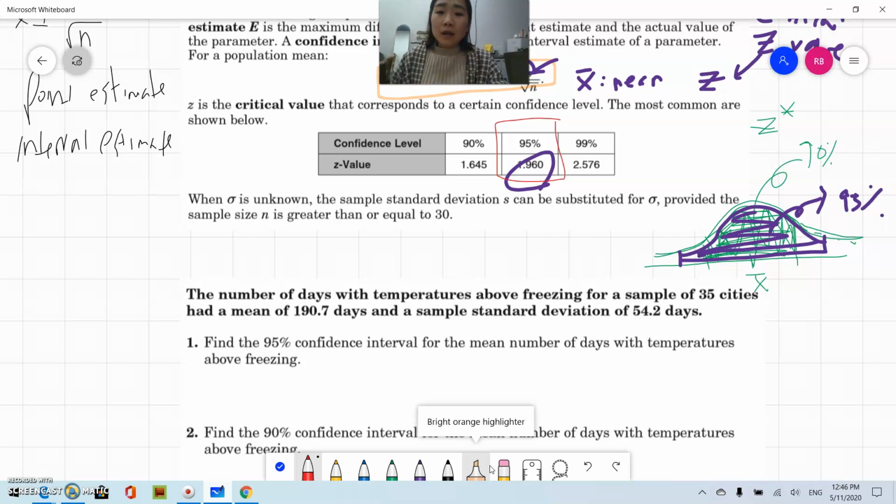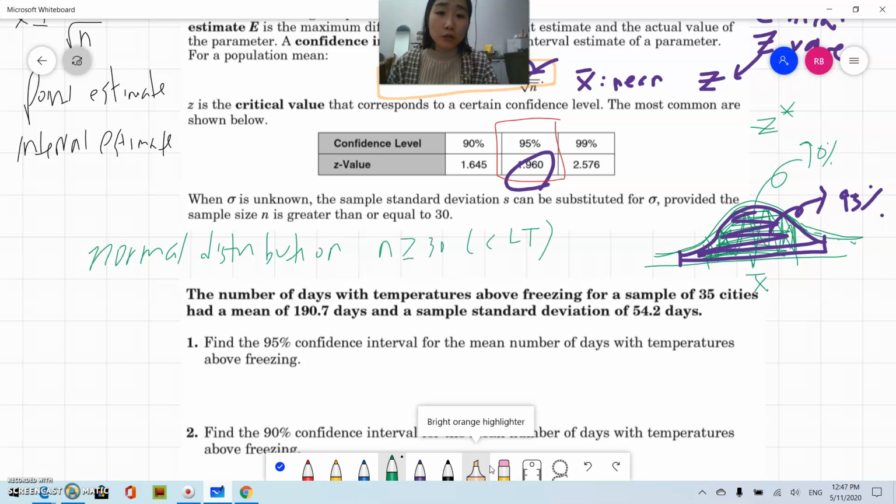One important thing about the confidence interval using the z-critical value is that you're assuming your distribution is normal, because z-score is only used for the normal distribution. That means you need a sample size greater than or equal to 30 for the central limit theorem to work, so you can assume normality for the sampling distribution, or that your population sigma is known.